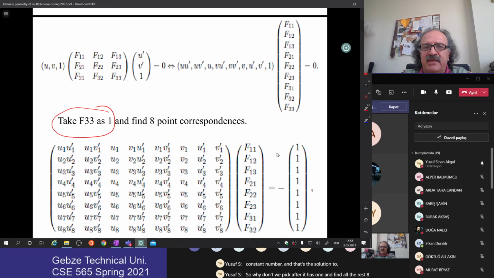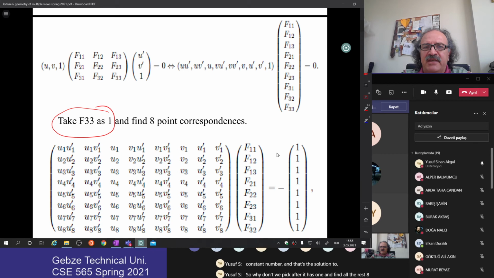So we assume F33 is 1, so we put a 1 in here, 1 in there. Since this one is 1, all the additions times 1 are going to be 0, so I take the ones to the other side, so they will be equal to -1. They all are.